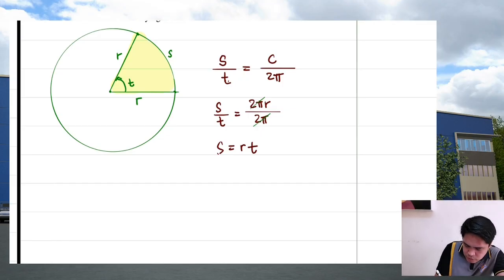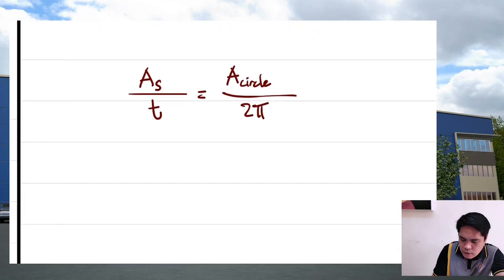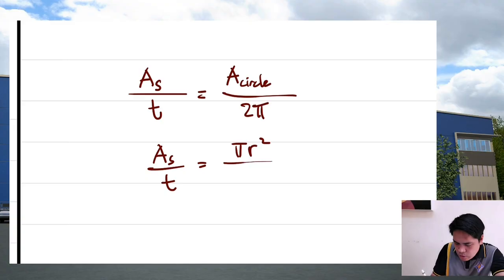We have area of the sector is to the subtended angle t as the area of the whole circle is to 2 pi, kasi yung angle niya. Okay? So therefore, area of the sector over t is equal to the area of the circle, that's pi r squared, over 2 pi.